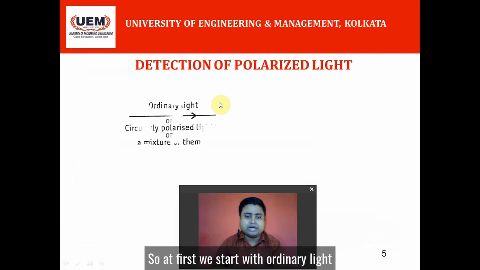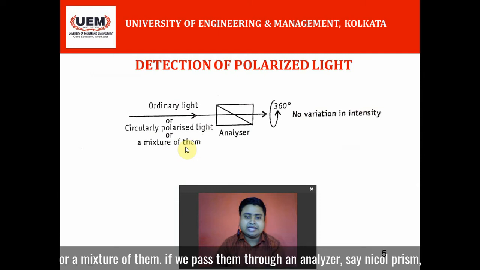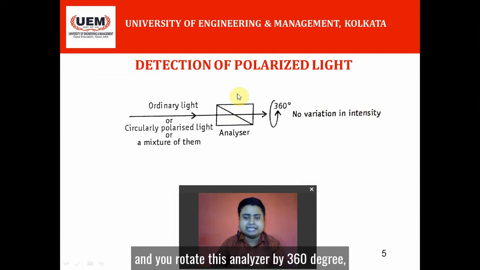Okay. So at first we start with ordinary light or circularly polarized light or a mixture of them. If we pass them through an analyzer, say a nicol prism, and you rotate this analyzer by 360 degrees, then you will get no variation of intensity.